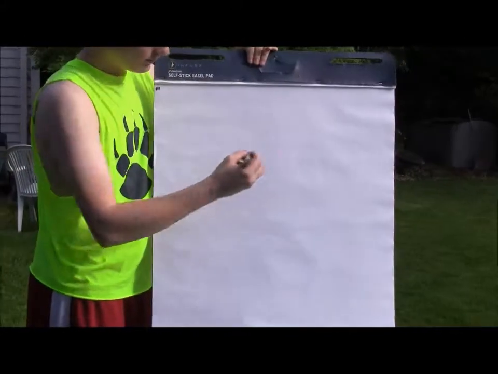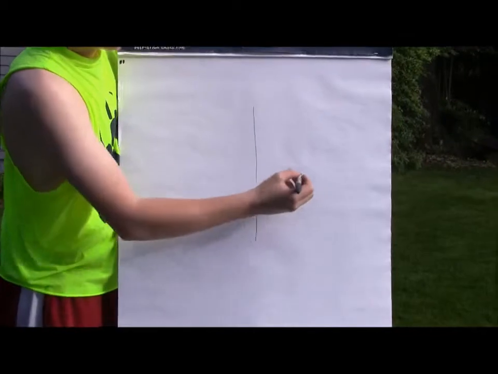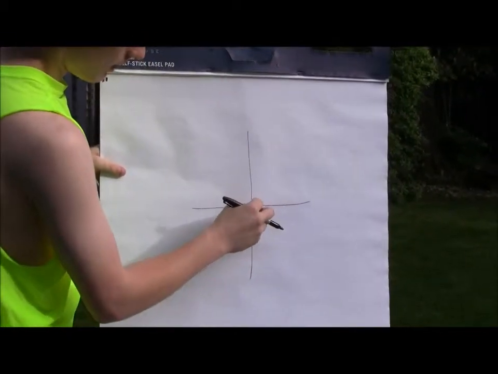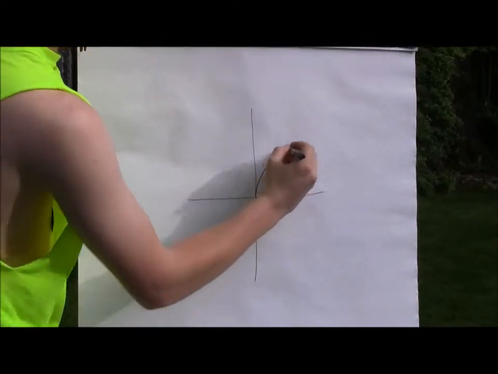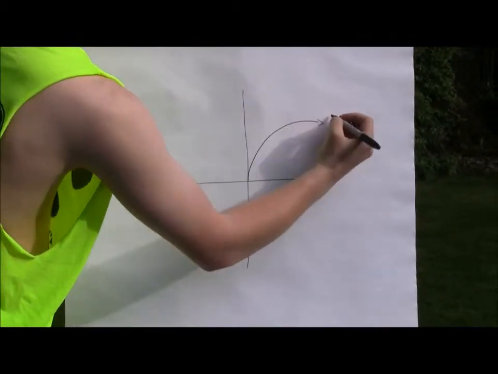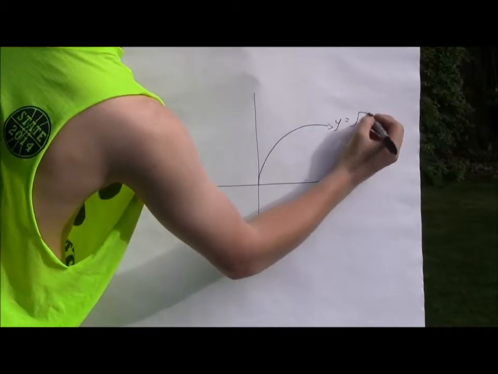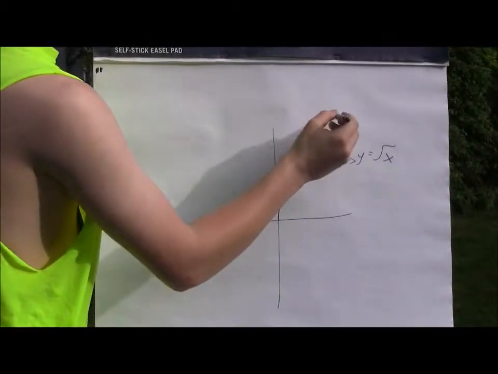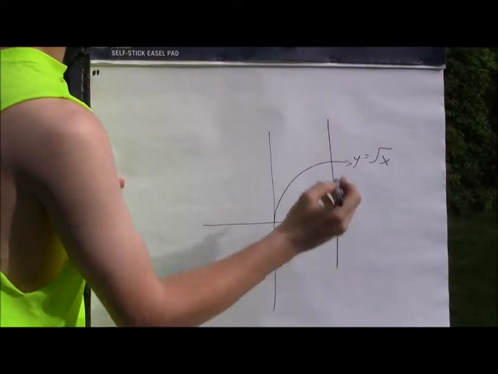So let's draw another coordinate plane, x, y. And before we had a region that looked like this. Let's just draw it again. We had one that was like that, and we called that one y equals the square root of x. And then we had it enclosed with a vertical line.